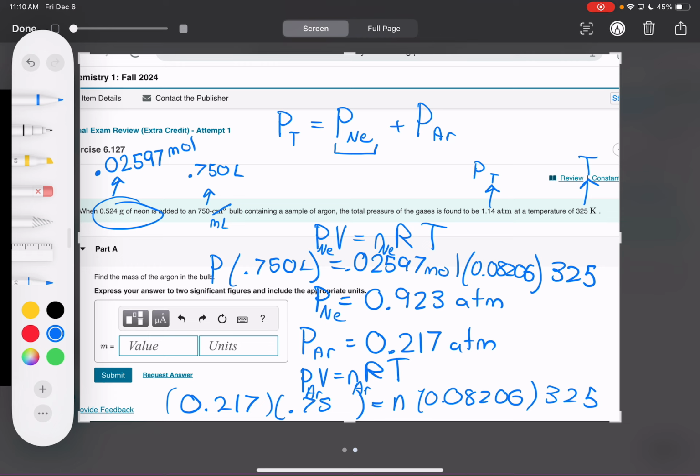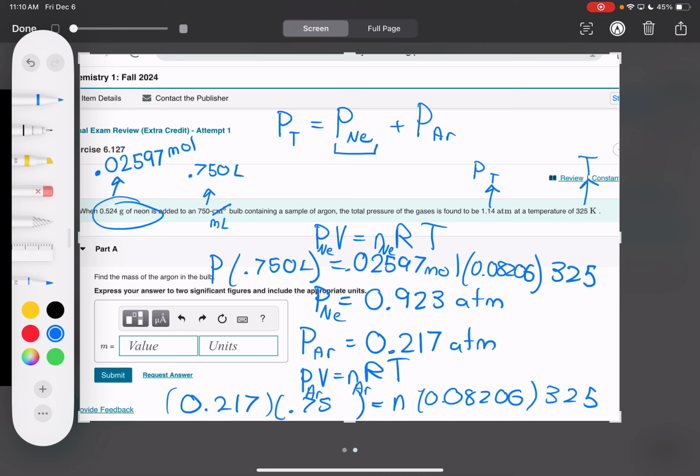And then once we get the moles, we're gonna multiply it by the molar mass, which is 39.9. So I get 0.00661 for the moles of argon, or 0.24 for the mass.